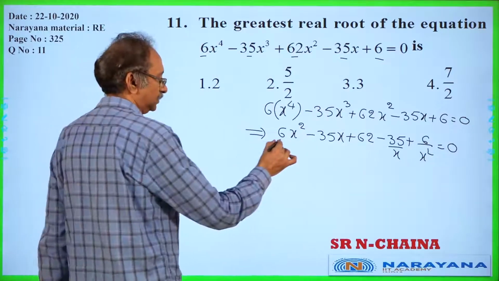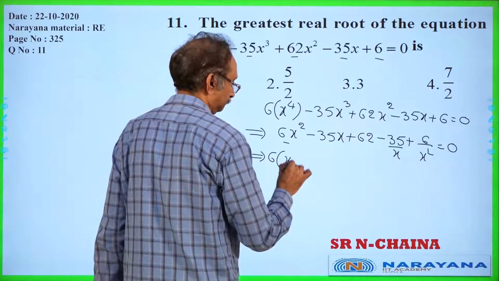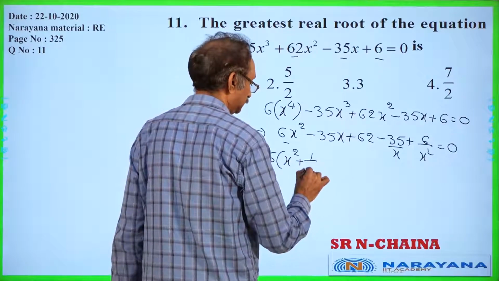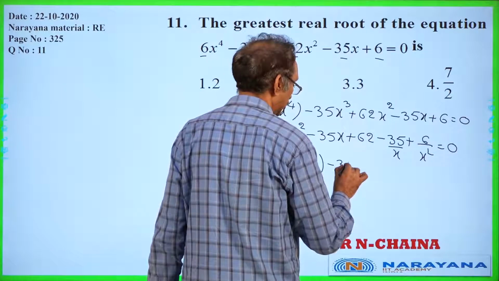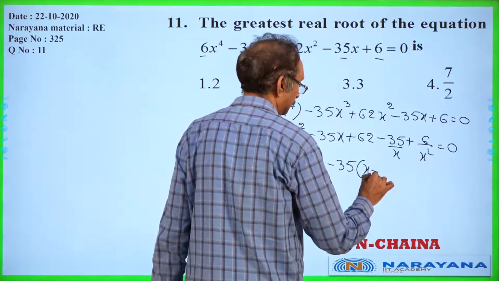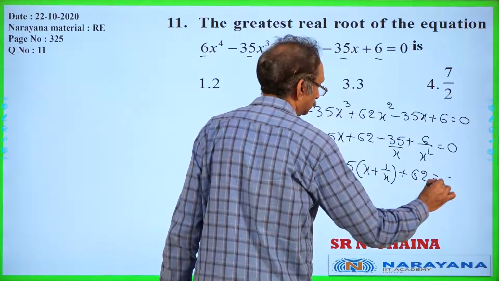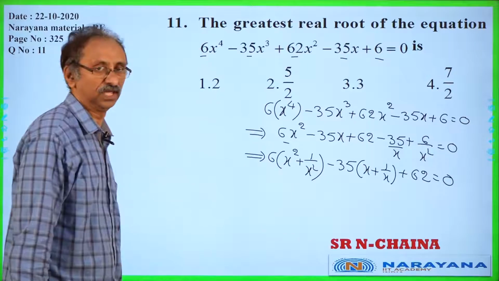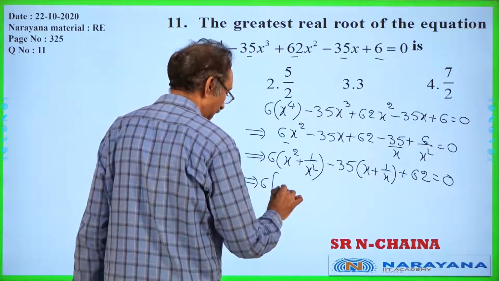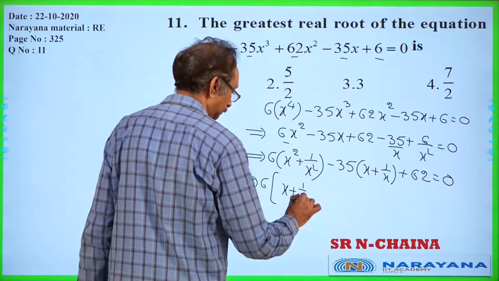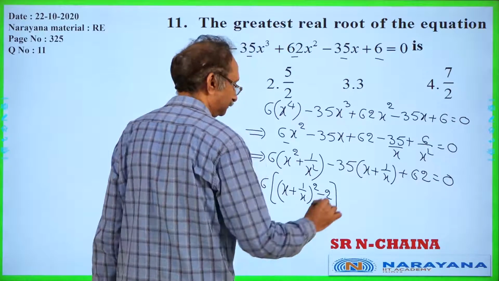And now from these two terms take 6 common: x square plus 1 by x square. From these two terms take minus 35 common: x plus 1 by x, and plus 62 is equal to 0. Okay. And now write this x square plus 1 by x square as x plus 1 by x whole square minus 2.